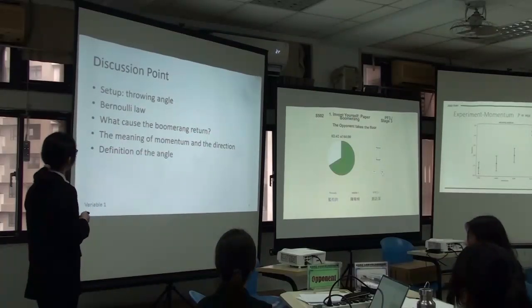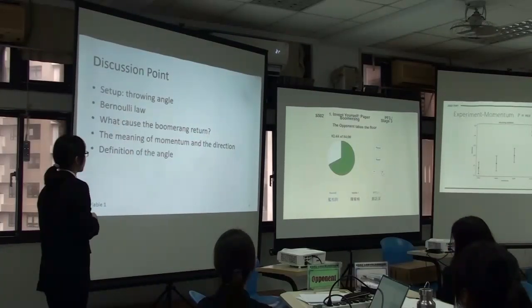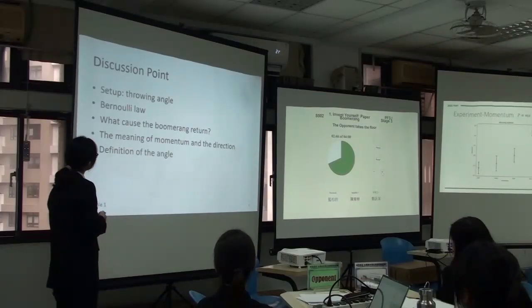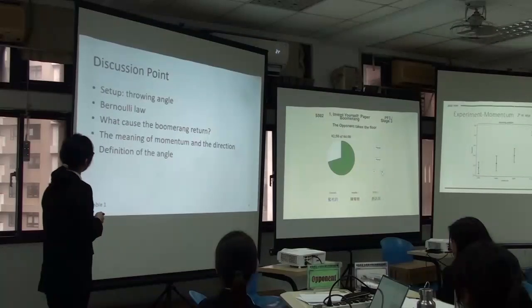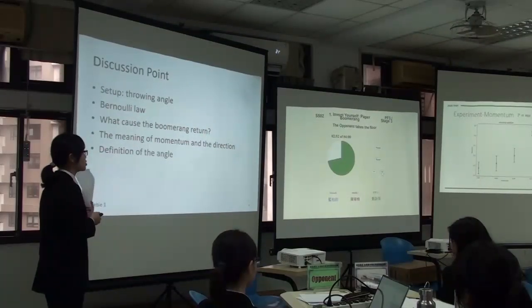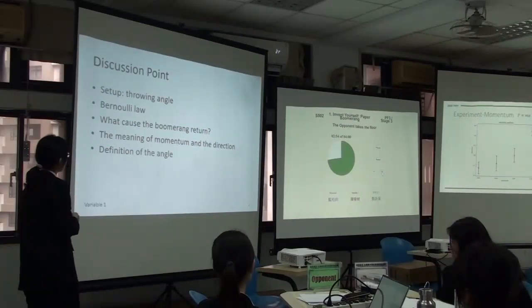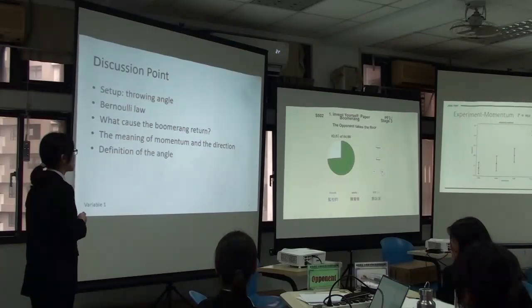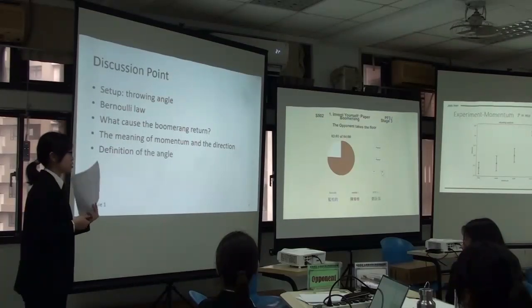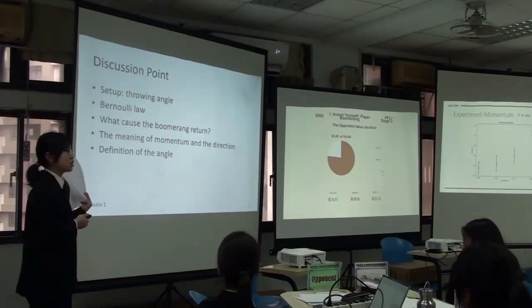And here are the discussion points. The first one I will discuss is the setup, because I think the direction they throw the boomerang might be a little different from mine. The next one is Bernoulli theory. As I mentioned, I think Bernoulli's law is used in a single airflow.